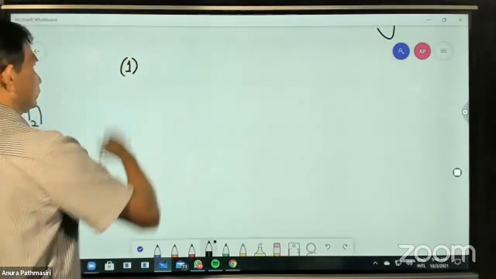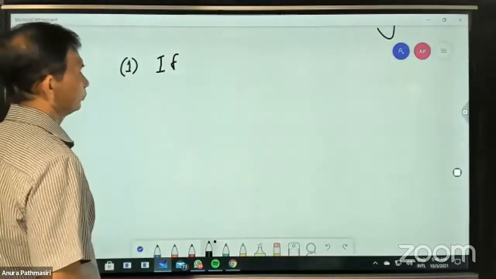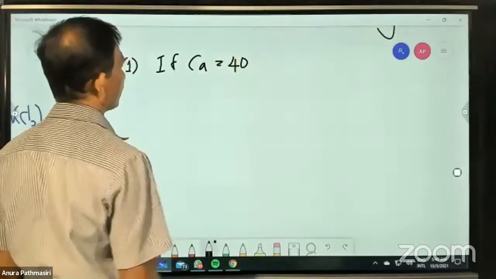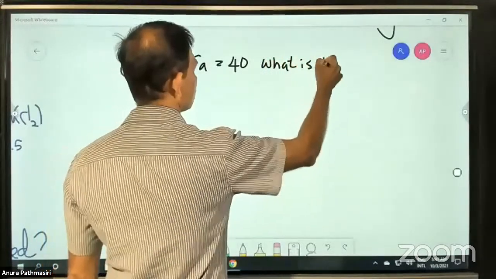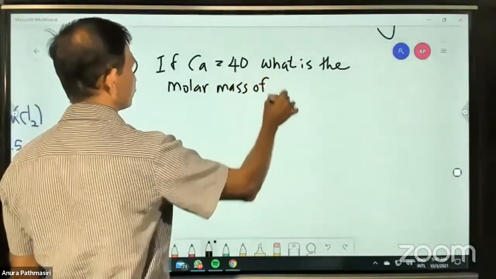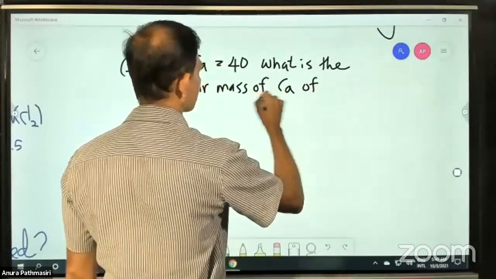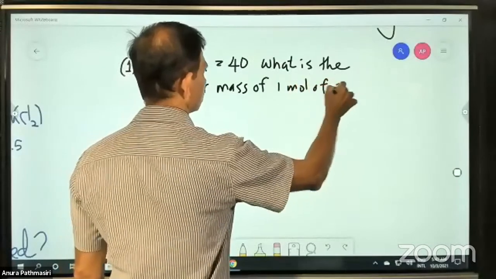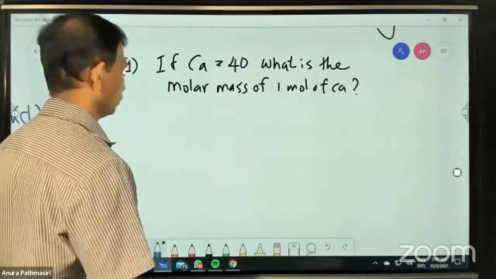Question number 1. If Ca is 40, what is the molar mass of 1 mole of calcium?